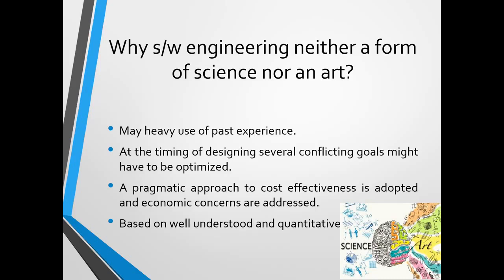But science normally does not concern itself with practical issues such as cost, maintainability and usability. So this is the difference. Software engineering is not a science. Science is different and software engineering is different.